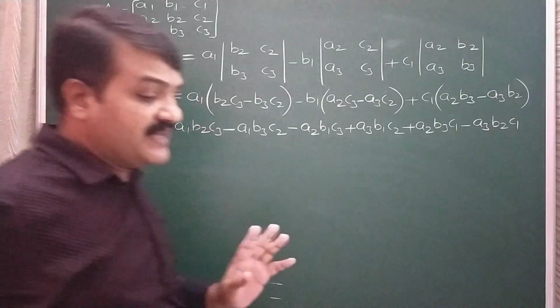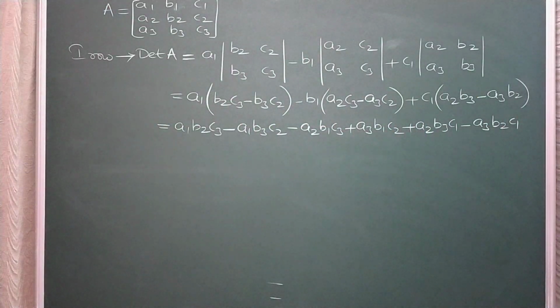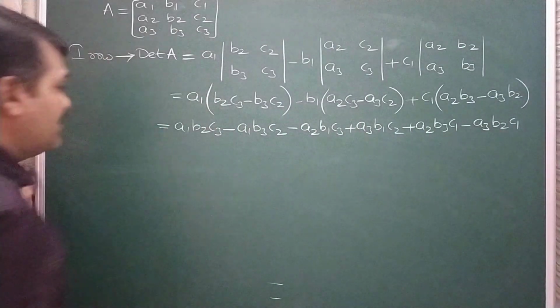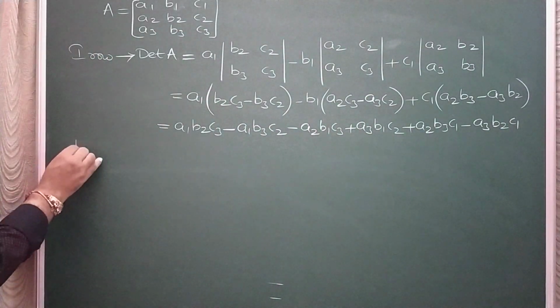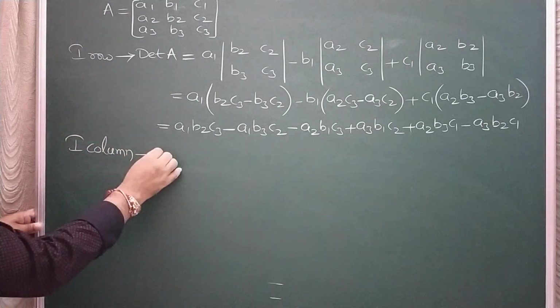Using the first row I am getting this, but I can use any row or column. Therefore, let us try some other row or column and check whether we get the same thing or not. I will take the first column now.